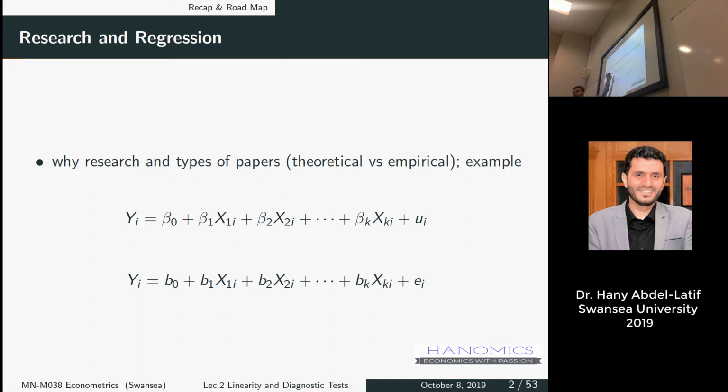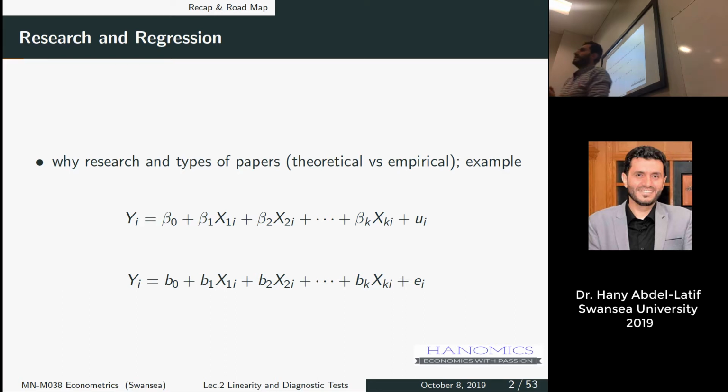This is the population function, remember? Because we can't study the population, we need to draw a sample. My task here is to estimate these betas, and that's how I differentiate between the population equation, the first one, and the second one. It's based on a sample, and that's why you see the parameters, betas, in small letters, to show this is based on a sample, not on the population.